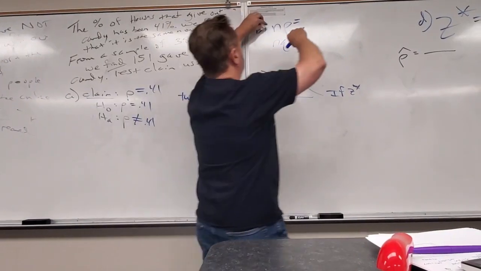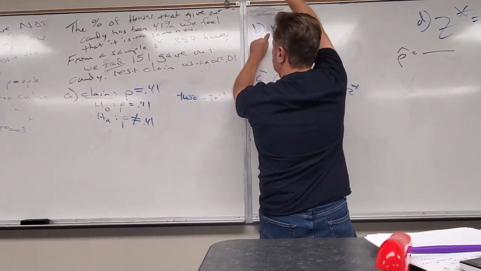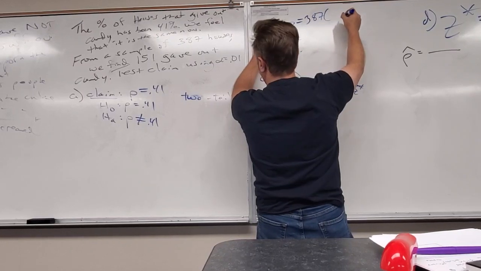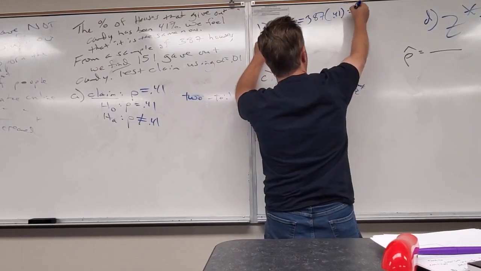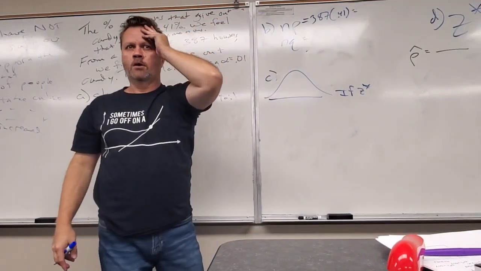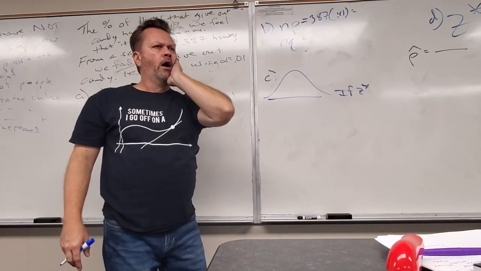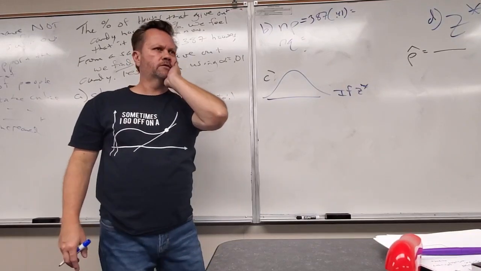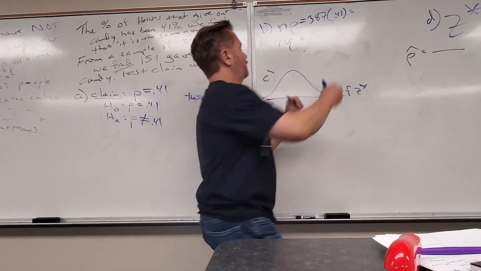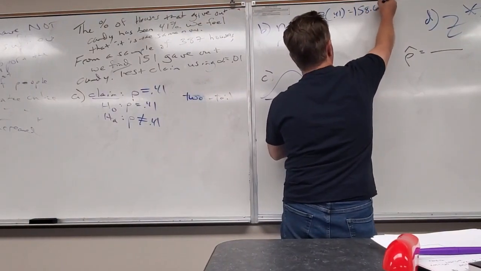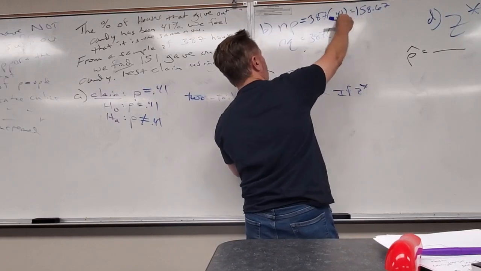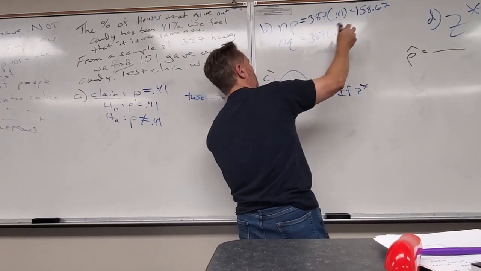What's n? 387. What's p? 0.41. So what is q? It's 1 minus 0.41, which is 0.59. So n times p is 387 times 0.41, 158.67. And 387 times 0.59, that's the nq.